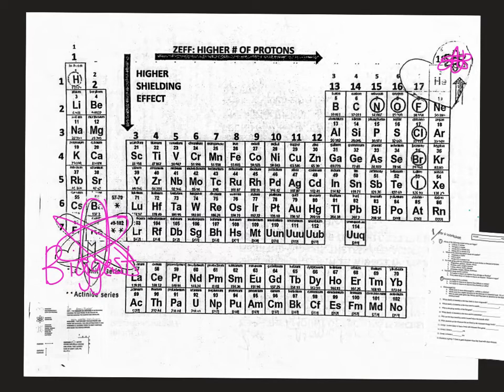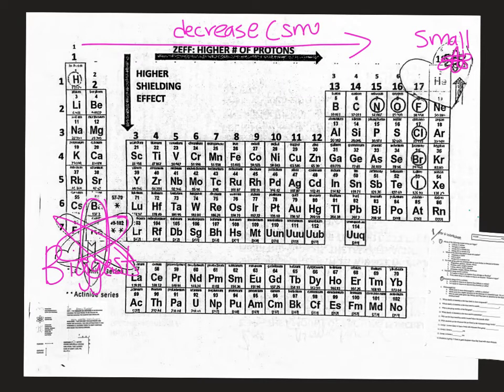This will be your small corner, meaning as we move this direction, we are decreasing or getting smaller. And as we move down the table, we are increasing or getting bigger. So remember those two general corners.